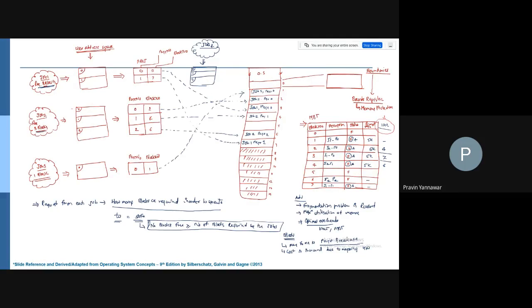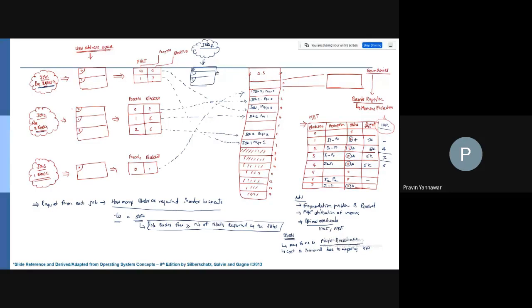In the present situation, only 2 blocks are available to us, block 0 and block 5. With the page map table, I can load only two of these three pages into primary memory. So is it really possible for me to run this job 4?